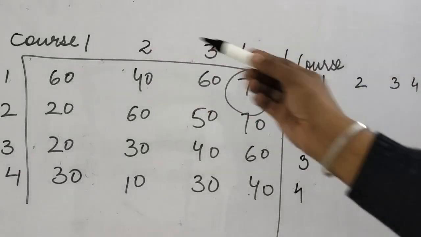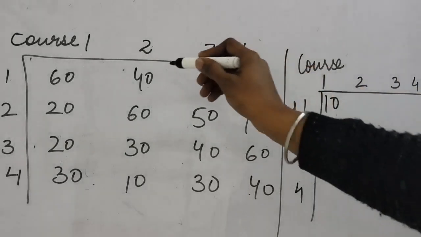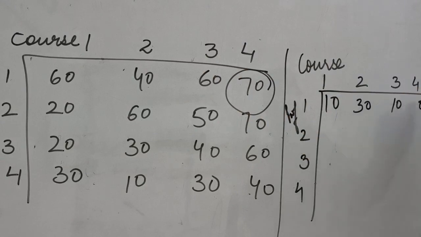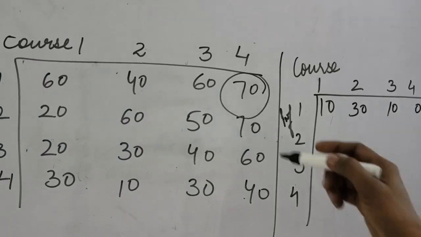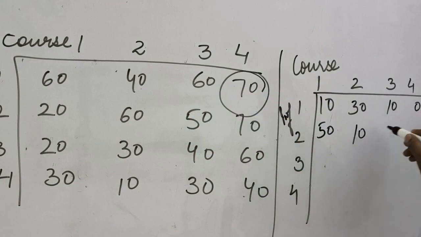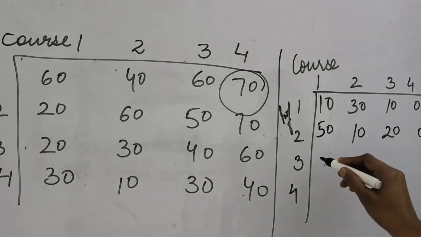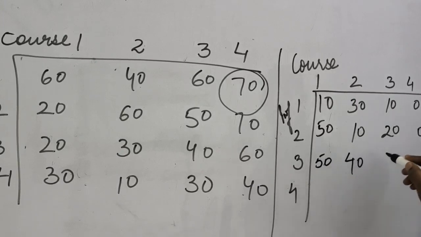70 minus 60 is 10. 70 minus 40 will be 30. 70 minus 60 is 10, and this is going to be 0. Like this you will subtract every element from 70. Now 70 minus 20 is 50, this will be 10, 20 and 0. Again the same, 70 minus 20 is 50, then 40, then 30, then 10.